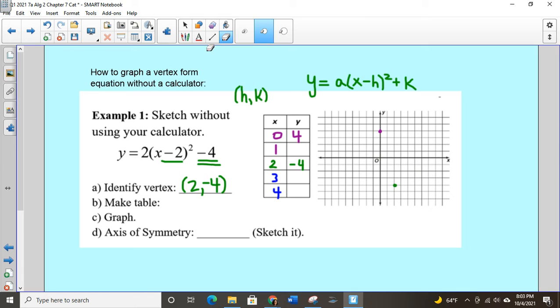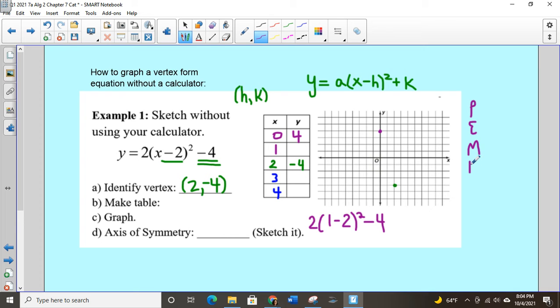Okay, so we'll do that also in purple. So we're going to have 2 and then 1 minus 2 squared minus 4. And we're still going to follow PEMDAS. So we're still going to take care of our parentheses first. So what is 1 minus 2? Hopefully you said -1.